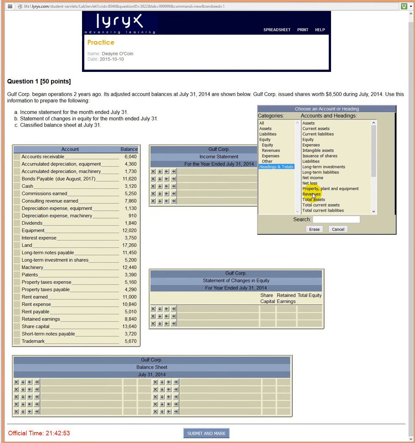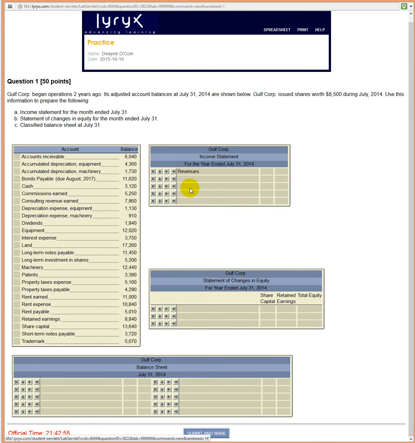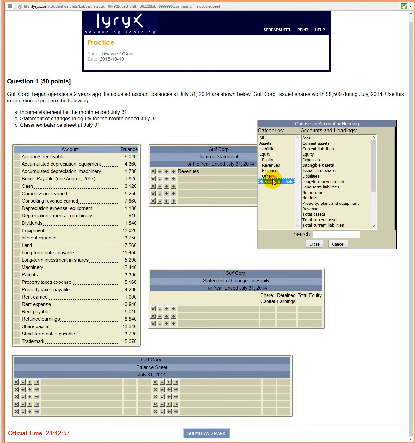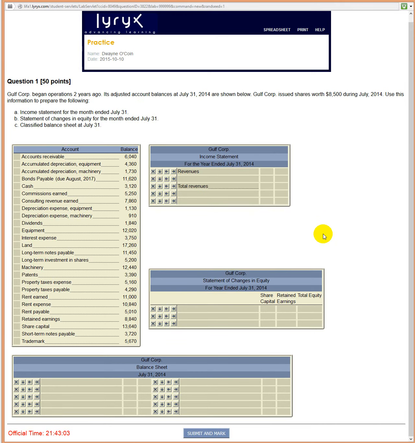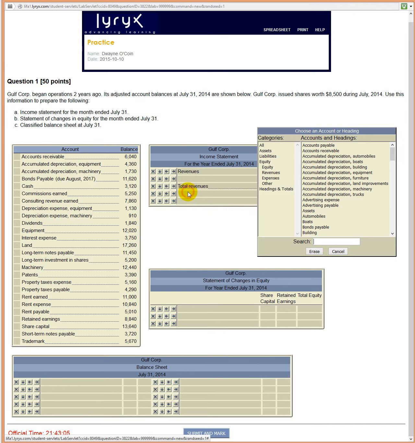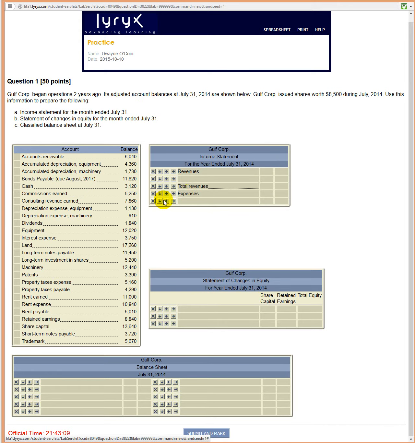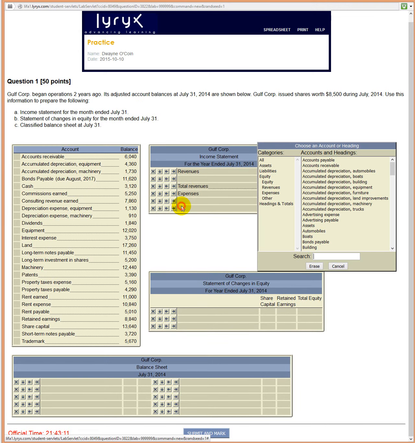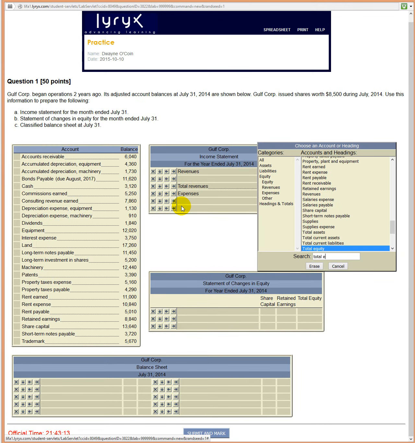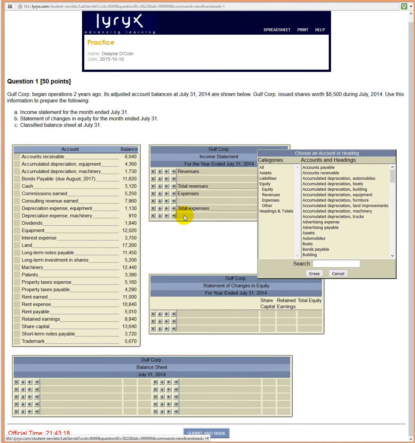So on the income statement, that would be revenues, and then total revenues, and then some expenses, and then total expenses, followed by net income.